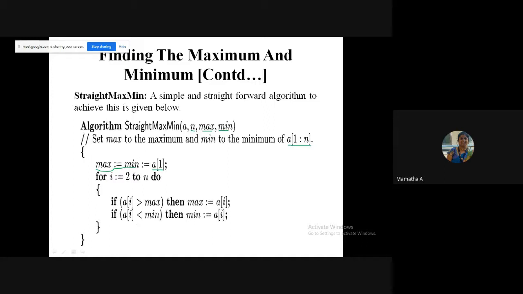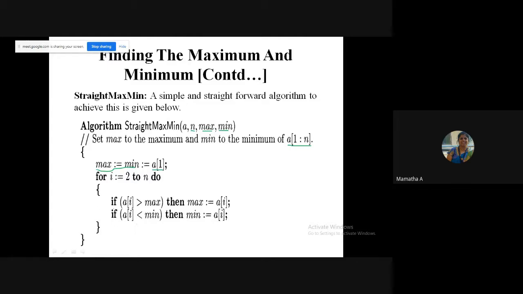And I will compare this with the rest of the elements where i ranges from 2 to n. So if a of i is greater than max, then I update max. If a of i is less than min, then update min equal to a of i.